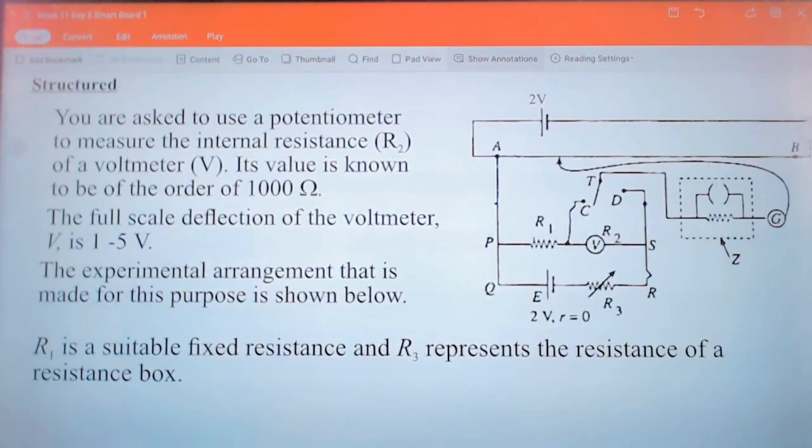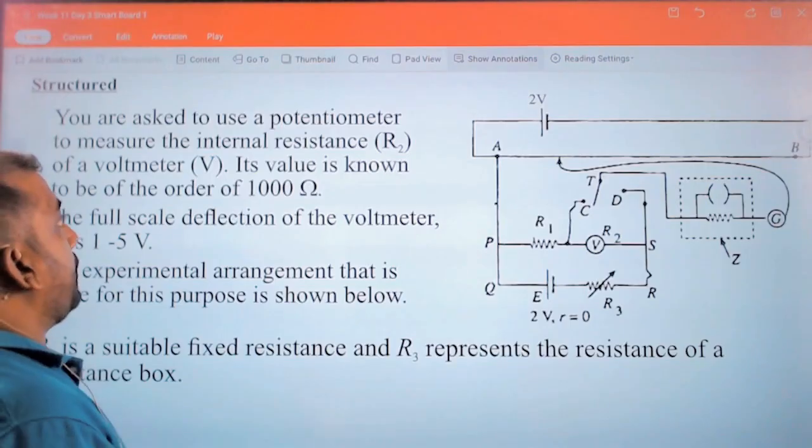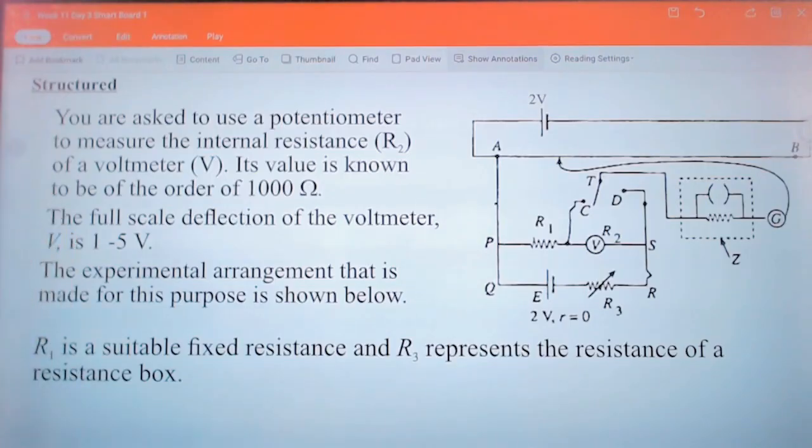Structured essay, electricity structured essay. Have a look. You are asked to use a potentiometer to measure the internal resistance of a voltmeter.